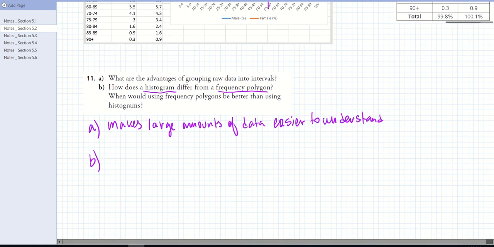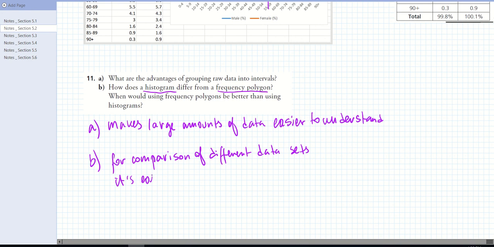So for comparison of different data sets, it's easier to see with a frequency polygon than a histogram.